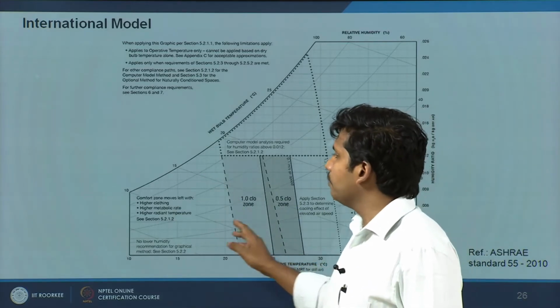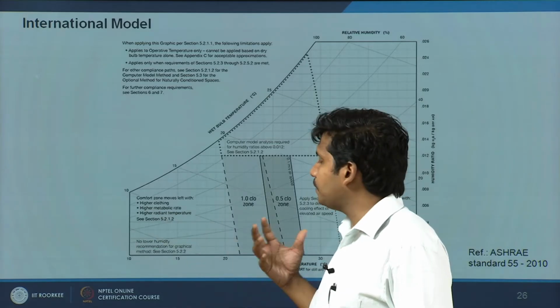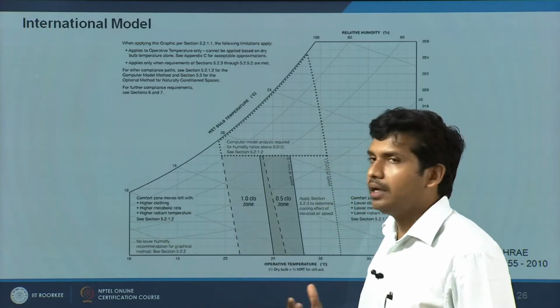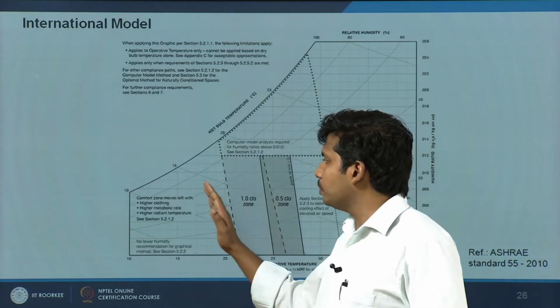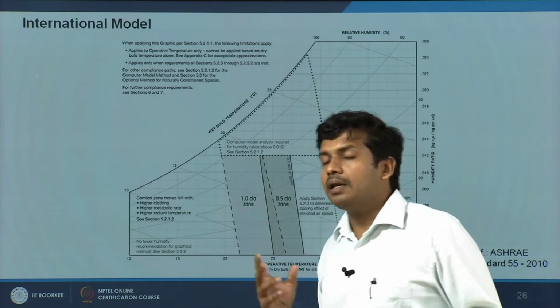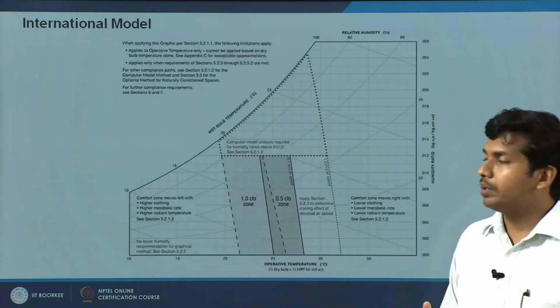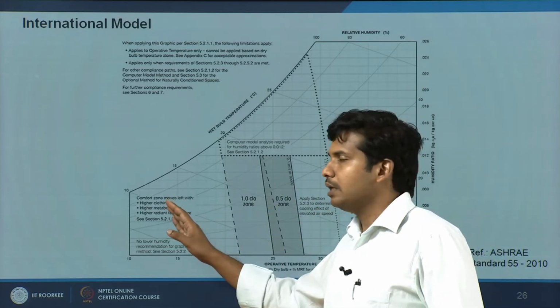Apart from this, when you are doing higher metabolic rate activity, instead of sedentary activity, getting into more strenuous physical activity, your comfort zone will move towards your left, apart from the clothing insulation. When you have a higher radiant temperature, MRT or globe temperature, your comfort zone will also move towards your left.